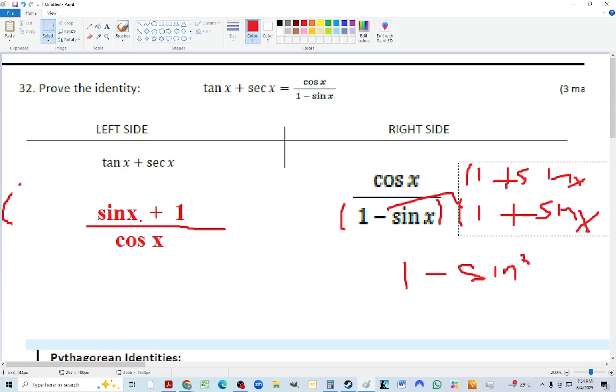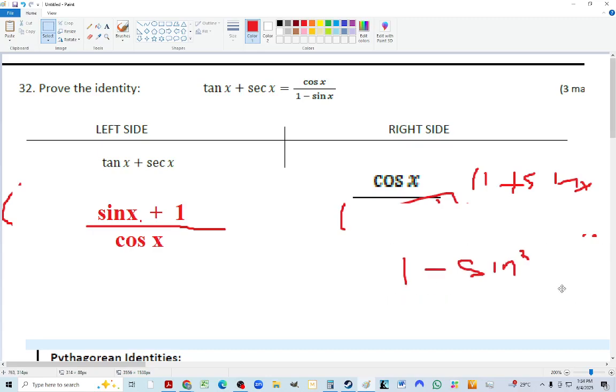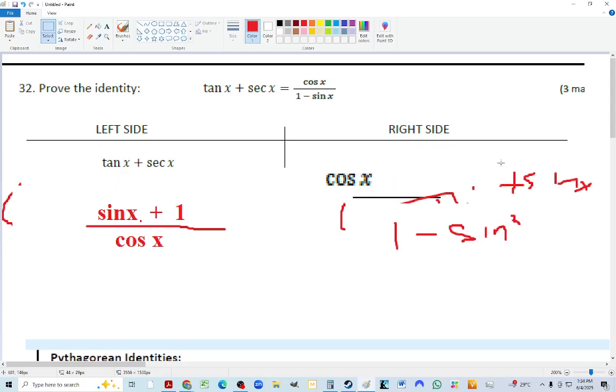Okay. This is essentially multiplying it by 1 plus sine x. So it becomes 1 minus sine squared down there. Up top, it becomes cos x plus cos x sine x. I distribute it through.